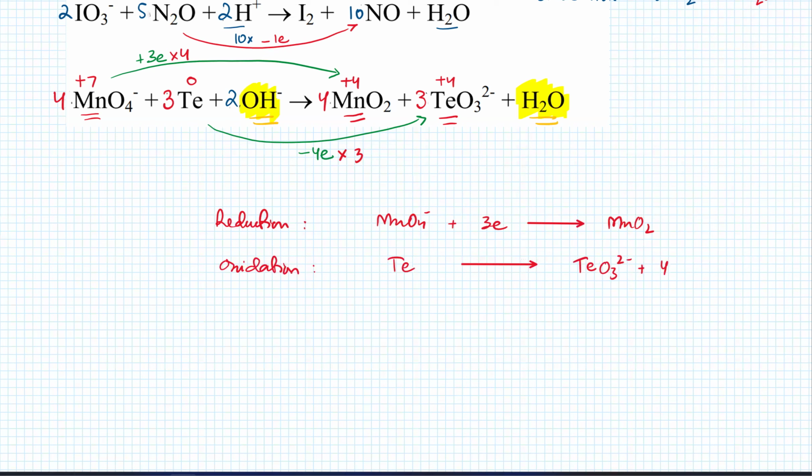The only problem is that these equations are not balanced, at least the oxygens are not really balanced. And the only extra things I have in the equation to balance them with are OH ions and water molecules.